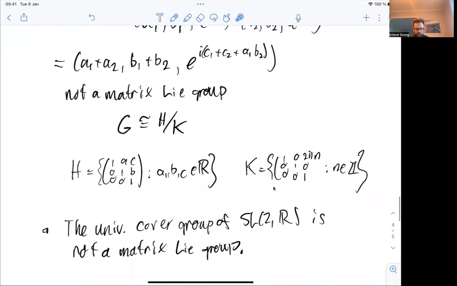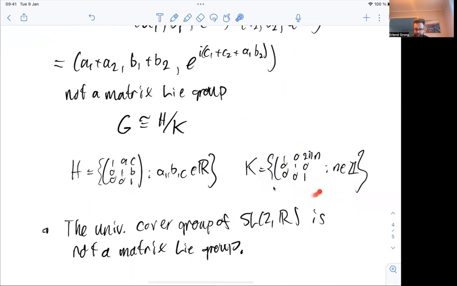This can be considered as the quotient of a matrix Lie group. It can be said as H quotient out by K, where H is the upper triangular matrices with ones on the diagonal, which is called the Heisenberg group.